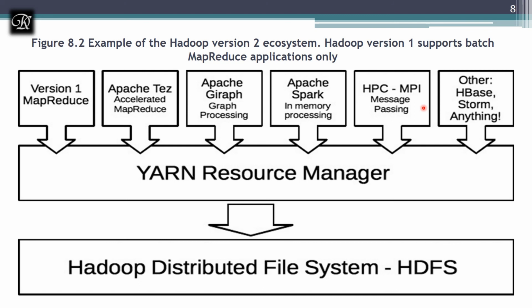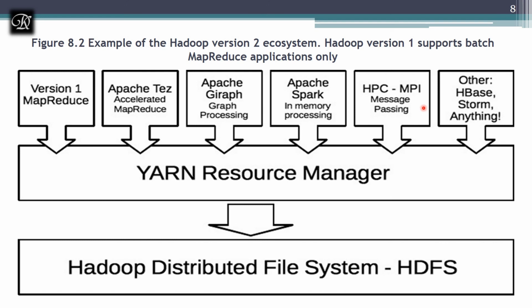High performance computing has its own advantage when it comes to huge job computation. And message passing interfaces, when we are running multiple jobs and they are dependent, we have to provide a mechanism where they can communicate. Yes, that is also supported by Yarn using the HPC MPI.